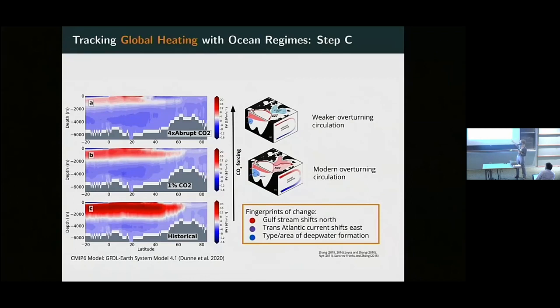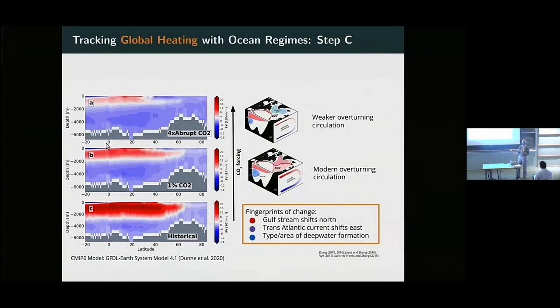Applying Thor now to the ESM model from GFDL, the Earth system model, we have access to the overturning, or the AMOC here, from the data that's output, and you can see that in a historical setting you have a pretty vigorous circulation here that's clockwise, and as we increase CO2, so this is 1% CO2 and 4 times abrupt CO2, so here we're really hitting the climate system with a hammer, and this overturning circulation is weakening, which is what we expect.